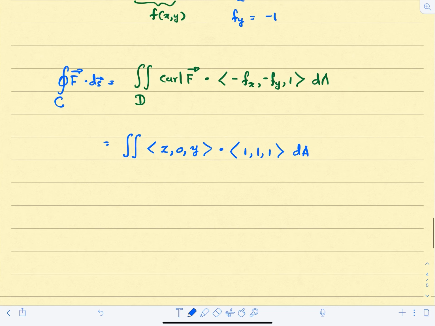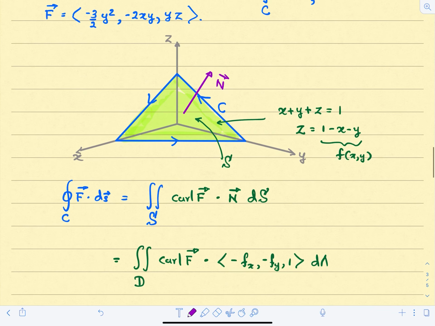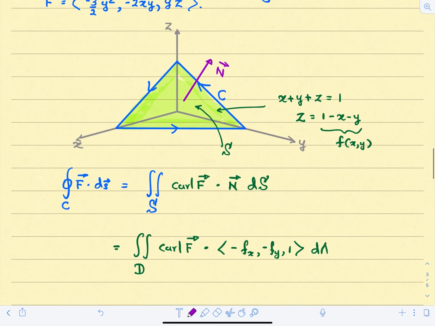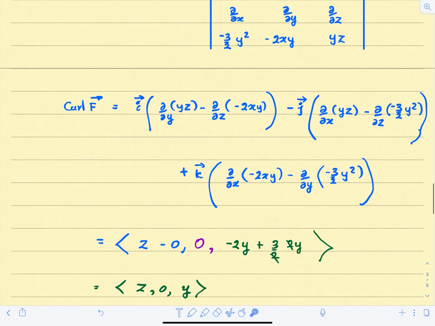Now, as I mentioned earlier, this z value is 1 minus x minus y, because we are evaluating this surface integral on this surface S. So on the surface S, the z coordinate is given by this function 1 minus x minus y.